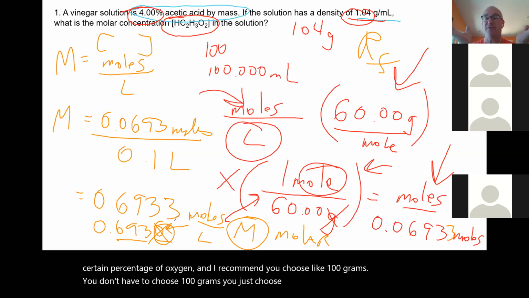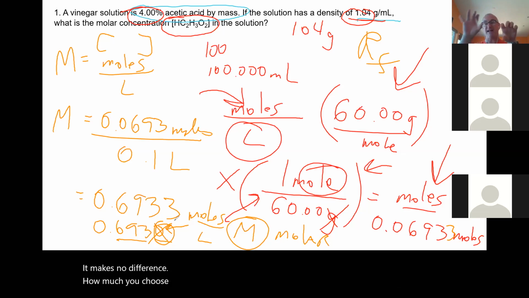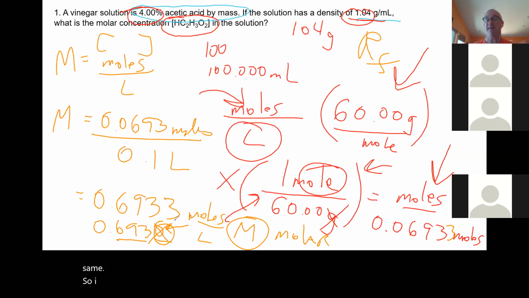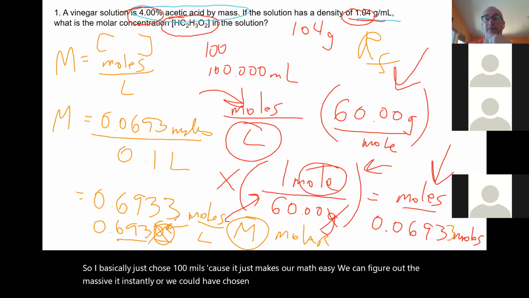You could choose 538 grams. It makes no difference how much you choose, because the percentages of each one will be exactly the same. I basically just chose 100 mL because it makes our math easy. We can figure out the mass of it instantly. Or we could have chosen a liter. It really didn't make any difference.